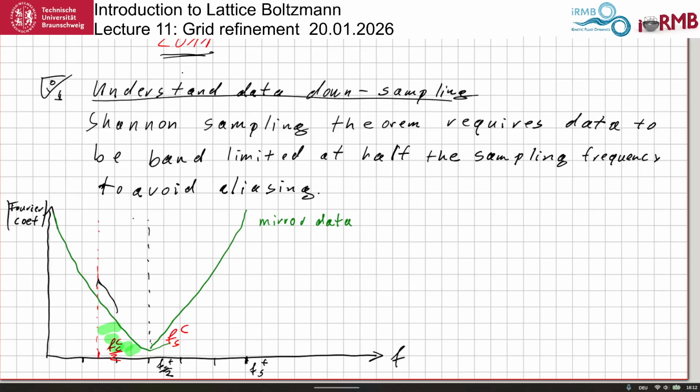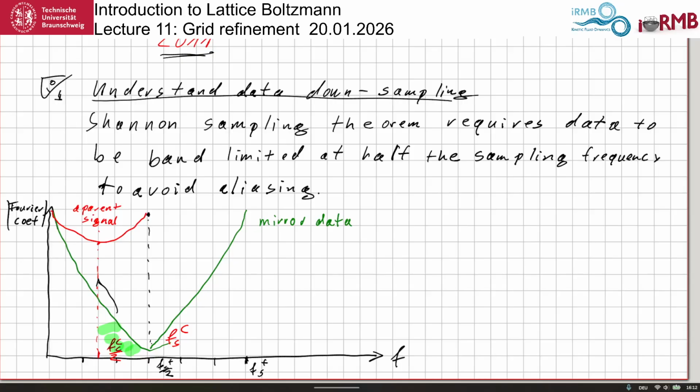I'm not making this correct. So what you end up with is a signal that will again have the same value up here, and up here it will be twice the size of here. So your signal that comes out looks like this. So this is your apparent signal.